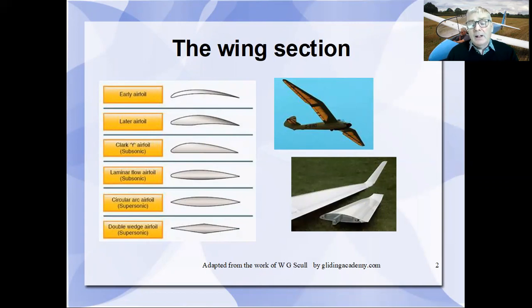These were designed, and then below it we've got a wing section of a modern high performance sailplane. And over the years we've gathered more and more understanding of how these things work, and then applied that to the design of aircraft, along with new materials, new composites, which have made it possible to build stronger, lighter structures.